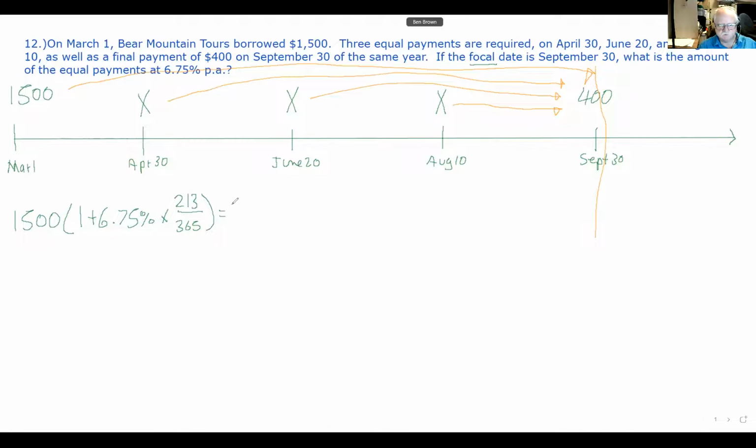So this debt, if they just waited till September 30th, it would have become 1,559.09. Now, they paid 400 on the focal date, so we can subtract the 400.